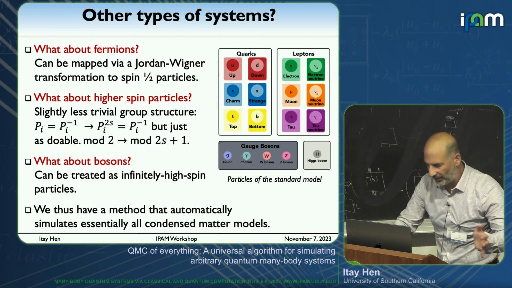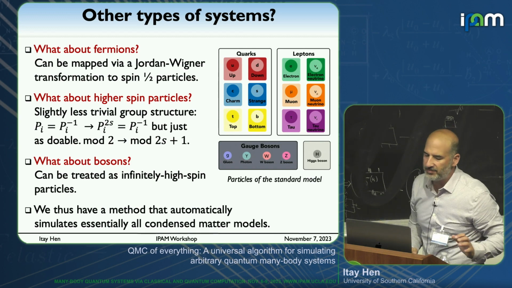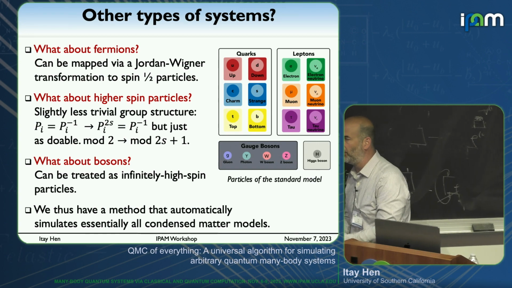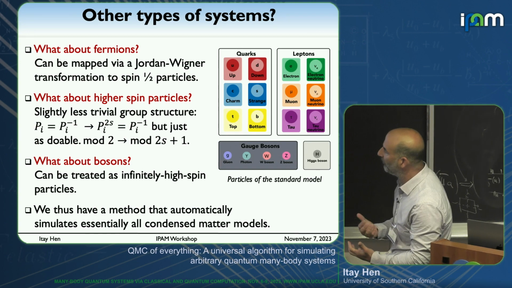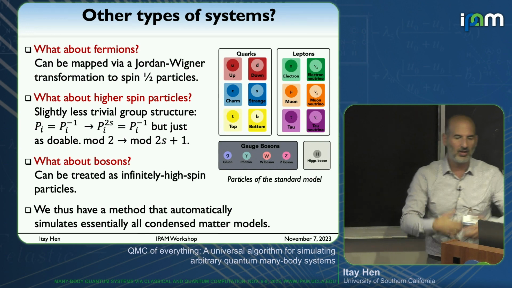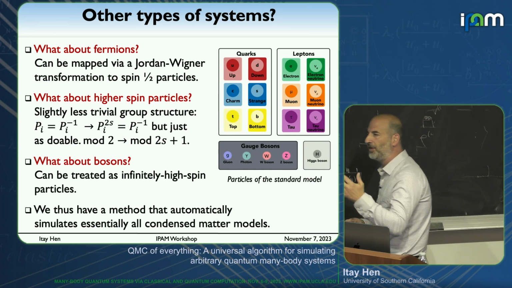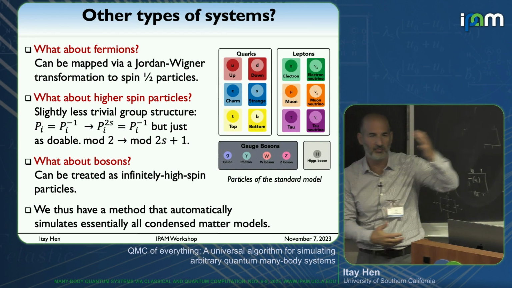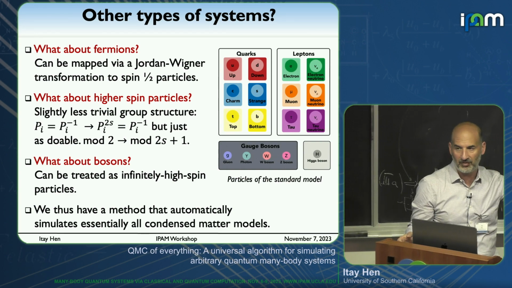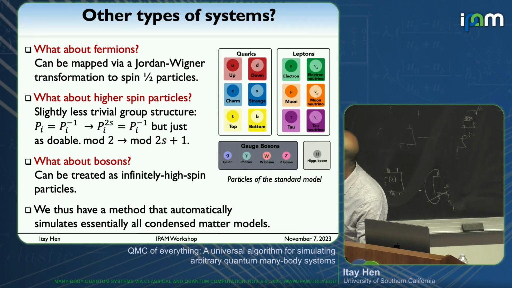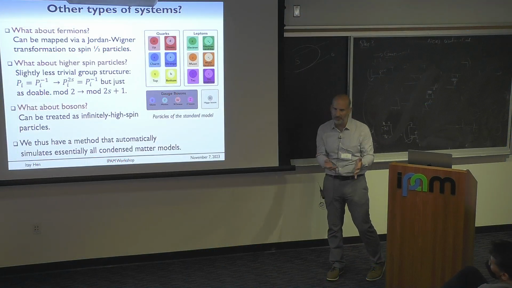So I know I don't have much time, but we basically have a method that can automatically generate the required moves for every Hamiltonian. You give me a Hamiltonian, it can have fermions and bosons and spin half particles and spin 1 particles and spin 5 particles, a mixture of them, if you will. And I can find very easily what the permutations of the Hamiltonian are.